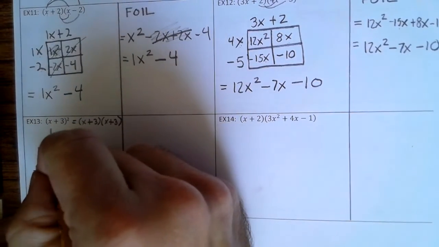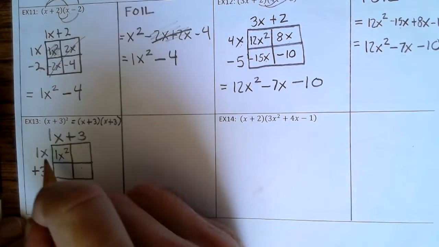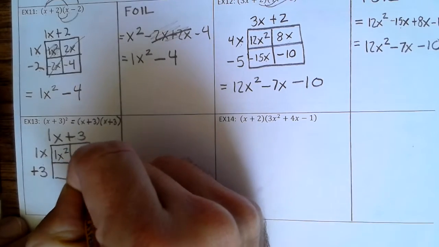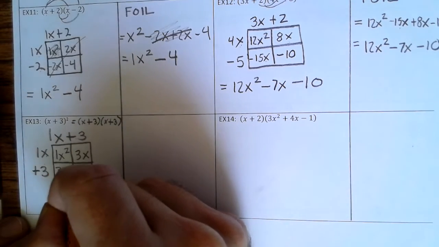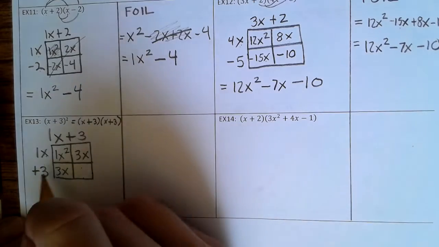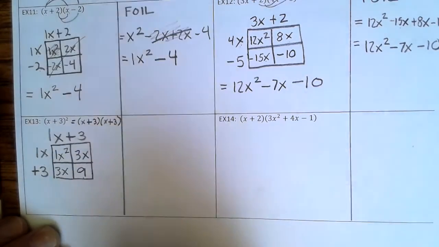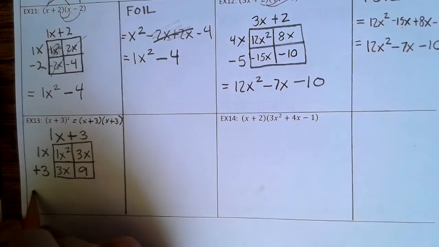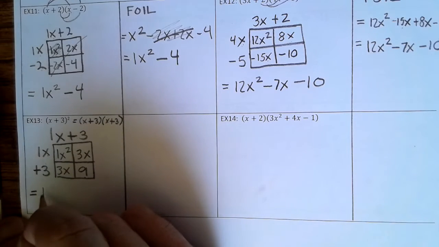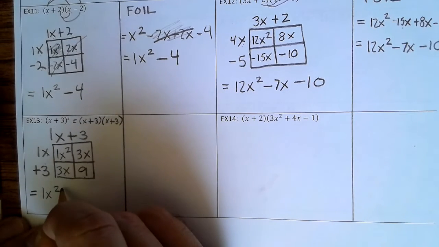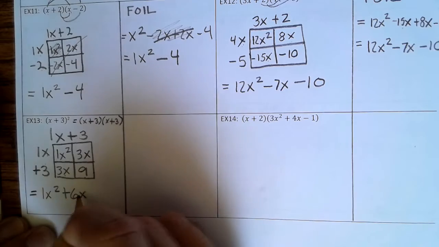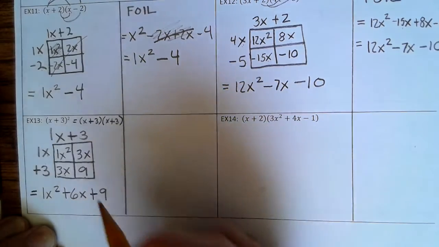So 1x times 1x is 1x squared. 1x times 3 is 3x. 3 times 1x is 3x. And 3 times 3 is 9. So that's 1x squared. 3x and 3x is plus 6x plus 9.